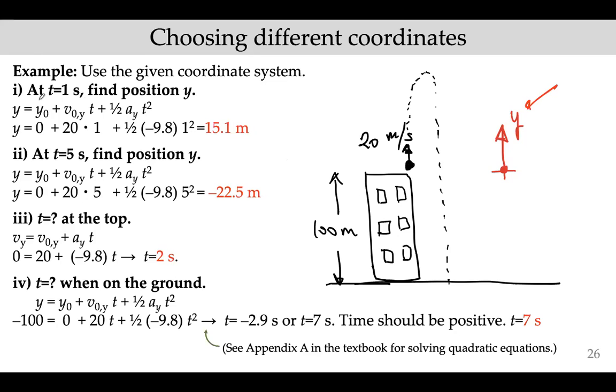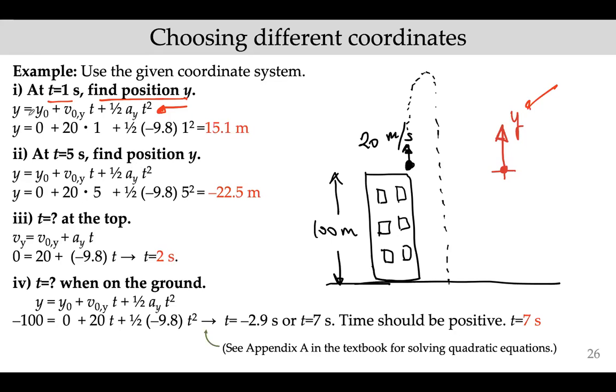The first question is, at time equals 1, find position. So what is the position y? Now, this is the formula that we're going to use. Again, this is from the table that you saw in the earlier slides. Now, when you plug the numbers in the equation, you always plug the numbers with respect to the coordinate system you choose.